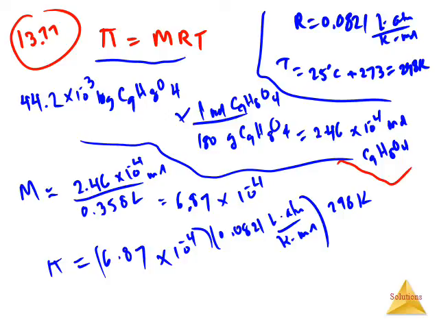Now after cancellation of those units, keep something in mind. The first quantity has moles on the top, liter on the bottom, so this is mole per liter. Now you can see that mole would cancel, liter would cancel, Kelvin would cancel. The unit that's remaining would be atmosphere, and that's exactly what we expect here. The osmotic pressure is a pressure unit, so the pressure unit would be atmosphere in this case.